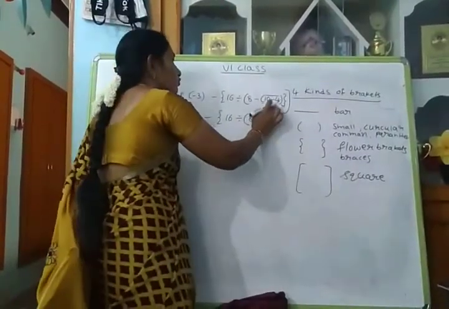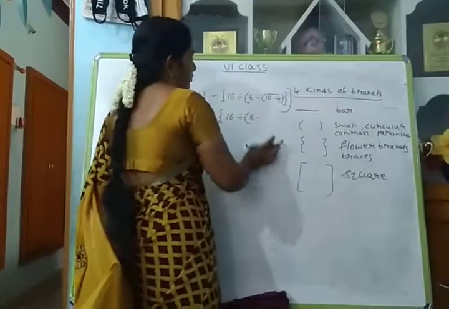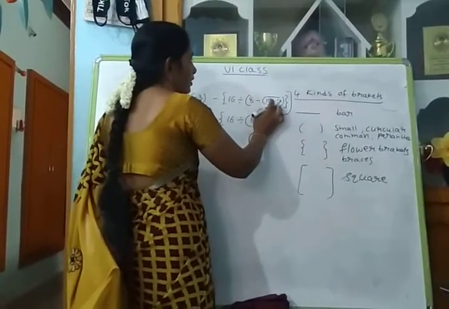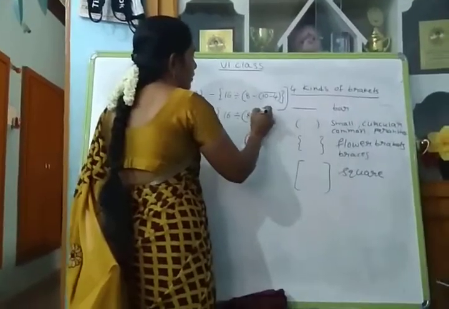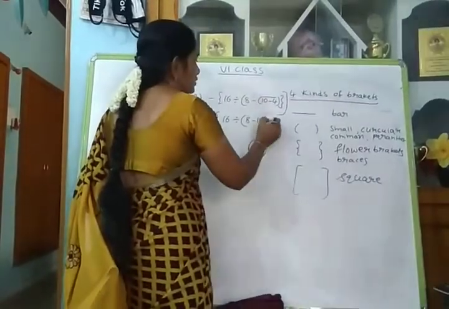18 minus 2 of, in place of of we write into, minus 16 divided by 8 minus, we have to remove the vinculum first. So minus outside is there, the middle one you get positive: minus into minus plus 4.